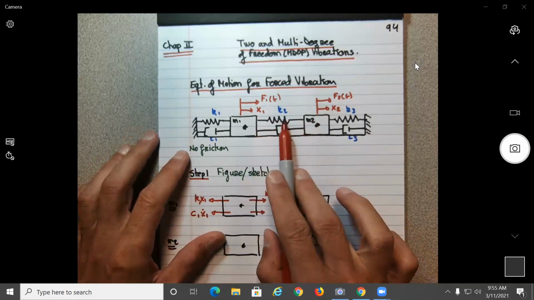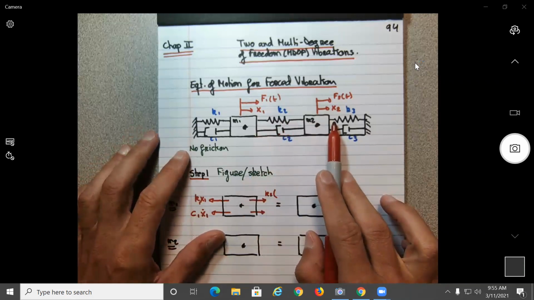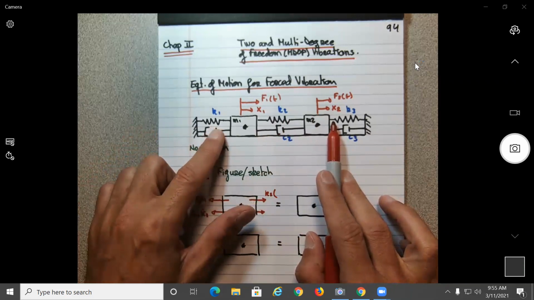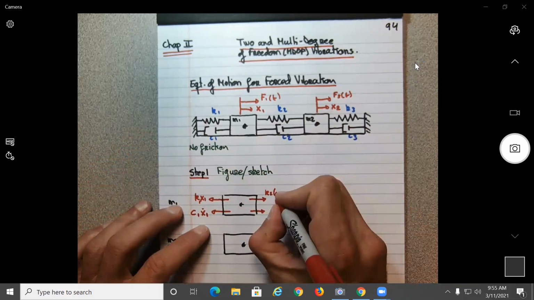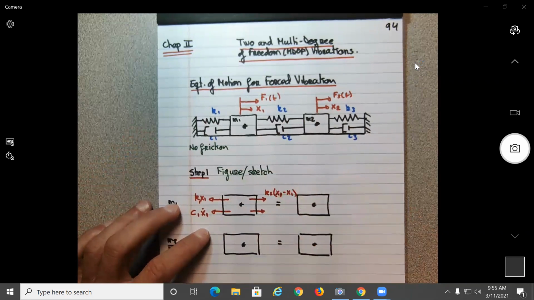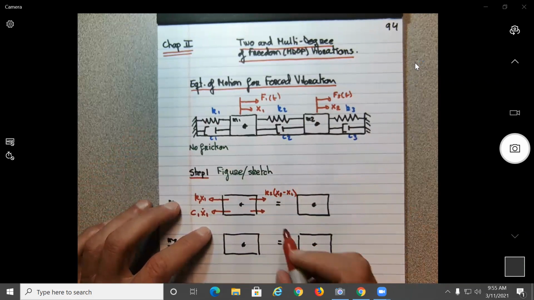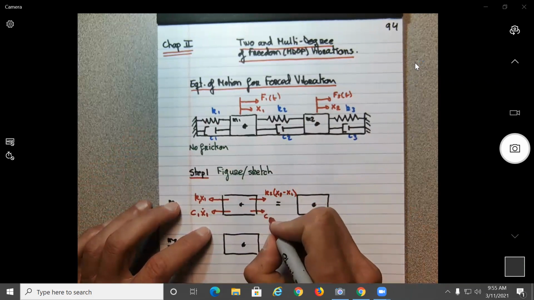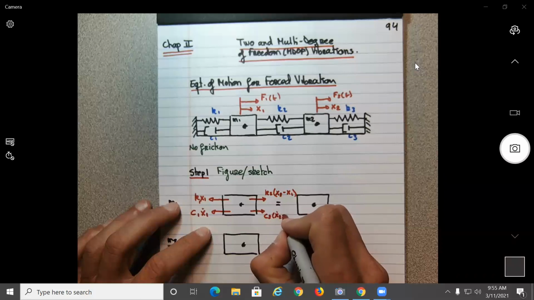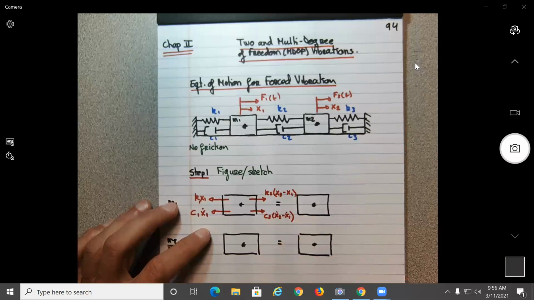It will move whatever you pull it from this one minus whatever this one has moved. Yeah? Because it's relative motion now. So it becomes K2 times X sub 2 minus X sub 1. We're going to have the same thing right here, would be C sub 2 times X dot 2 minus X dot sub 1.